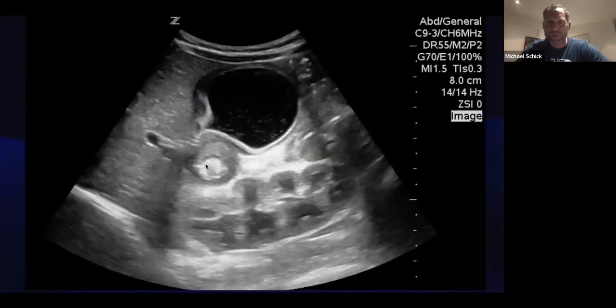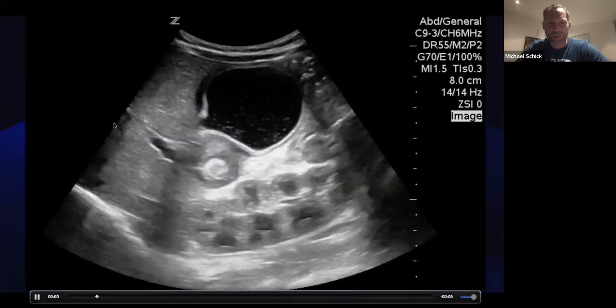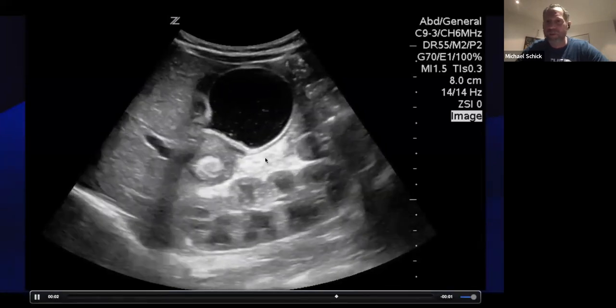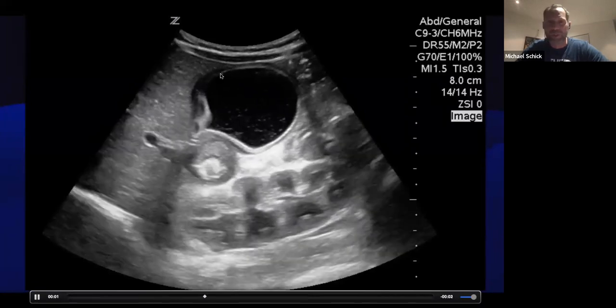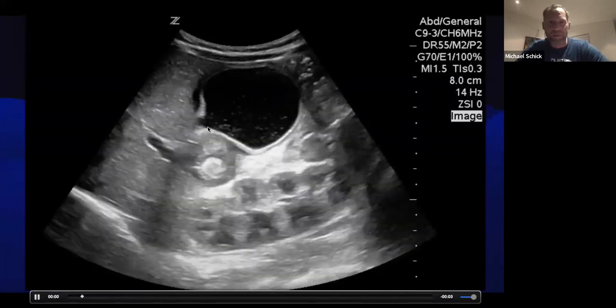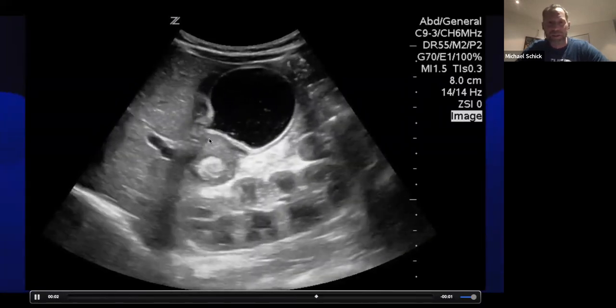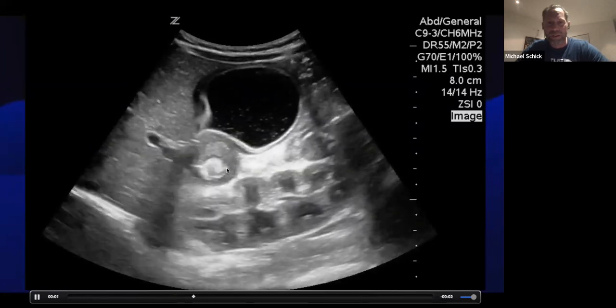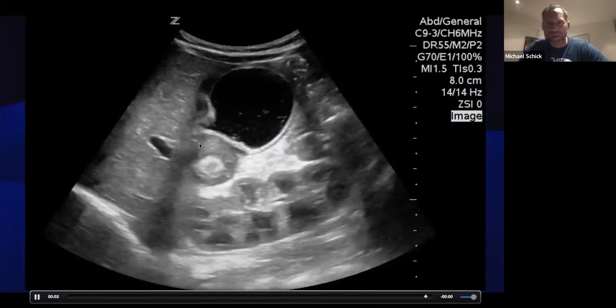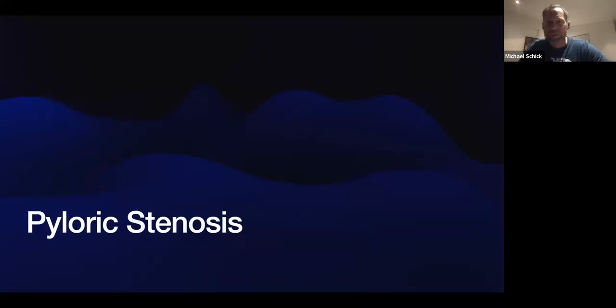Just one more view of this. Now you can see kidney, liver, again, very fluid-filled, which is stomach, and then again, very thickened portion here, which is the pylorus. So this is pyloric stenosis.